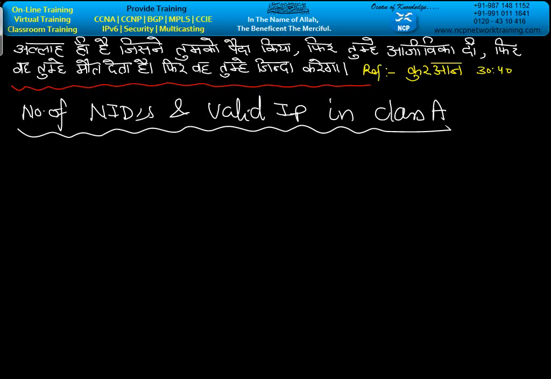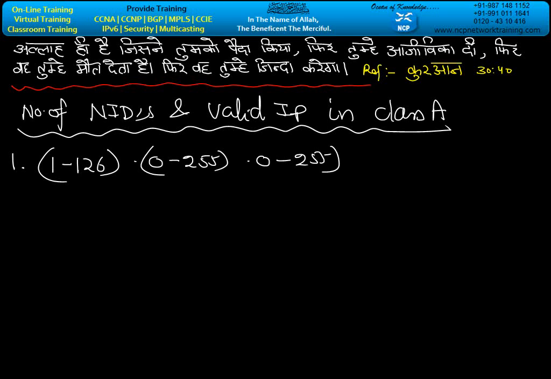As we know, the range of class A is 1 to 126 in the first octet, and in the second, third and fourth octets the range is 0 to 255. The mask of class A is 255.0.0.0.